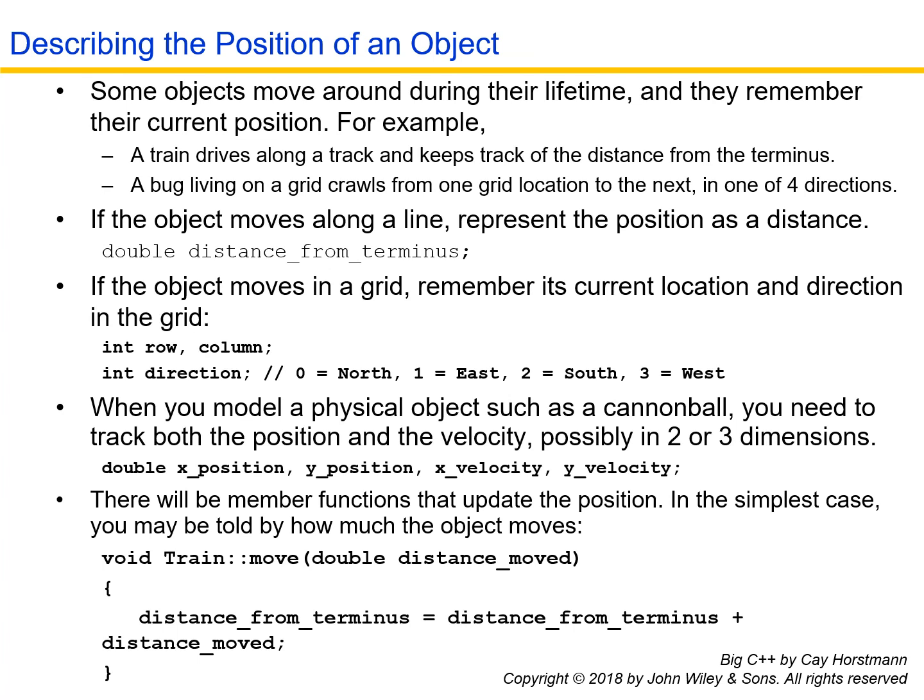Finally, there is the possibility of describing the position of an object. Some objects move around during their lifetime, like a train might have a double distance from terminus.